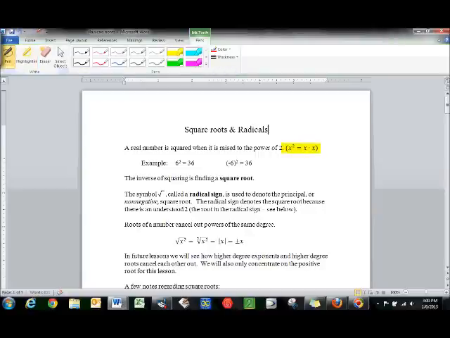Now, if you recall, in the first semester of Algebra 2, we discussed raising negative numbers to a power of 2 and how important it was to keep the negative value in parentheses so that you're actually multiplying the negative times each other so that you get a positive value. So that's going to be very important as we go forward here with the radical symbol.